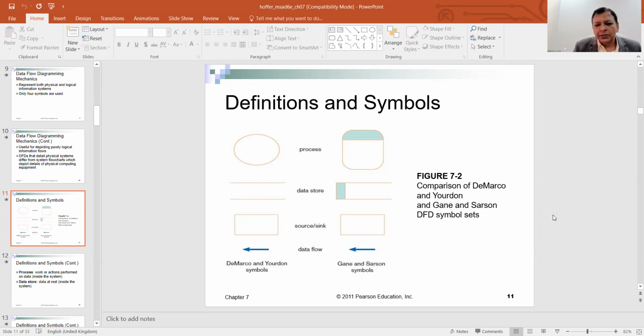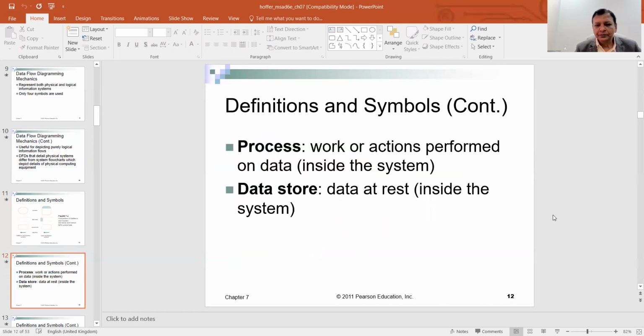One is introduced by DeMarco and Jordan, and the second is by Gane and Sarson. The process symbol is different in the DeMarco and Jordan style and the Gane and Sarson style. The data store is different, but the entity source or sink is the same, and the data flow is also the same.